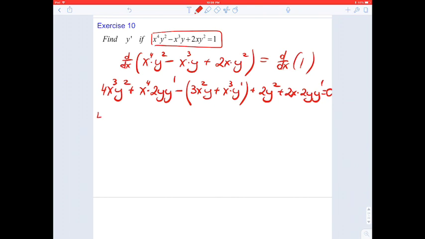Let's rewrite: 4x cubed y squared, 2x to the power of 4 y, y prime, negative 3x squared y, negative x cubed y prime. I did distribute negative, important.